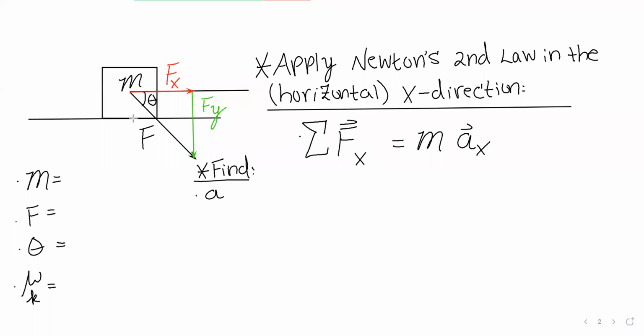The weight of the block presses down. This is the force due to gravity, or weight, W. Next, the normal force is the force of the floor, the surface, pressing up against the block.